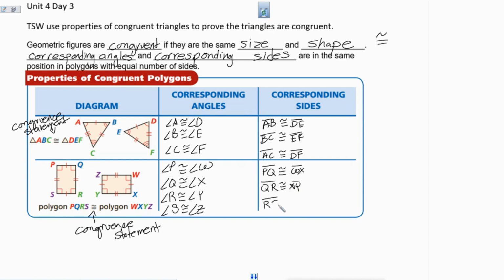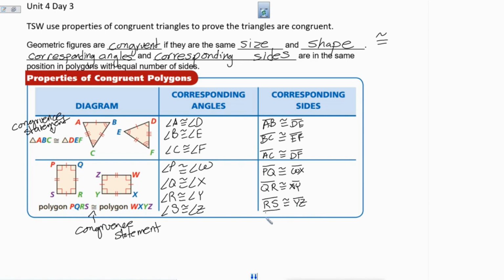Then we have segment RS being congruent to segment YZ because those are the third and fourth letters in our names. And we need one more side because this is a four-sided shape, a four-sided polygon. It's a rectangle. That means we need our first and last letters.